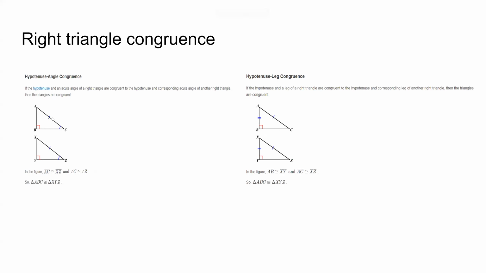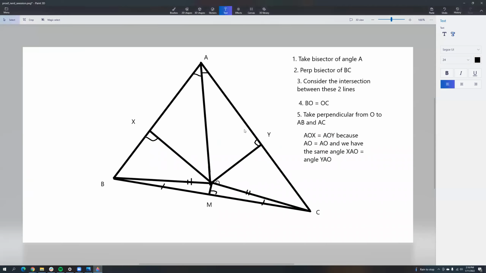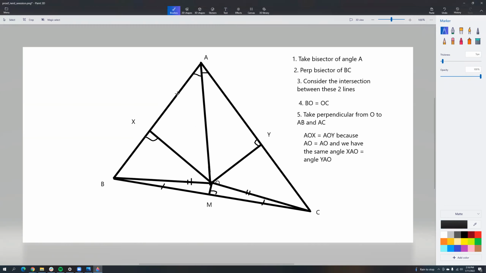So this is totally legit: hypotenuse the same and one angle the same. This one is also the same because it's 90 degrees minus this one, so it works out. So we have AOX equals AOY. This means that the triangles are congruent, which means we will have these particular sides equal, and also these ones, because they are congruent. Good.